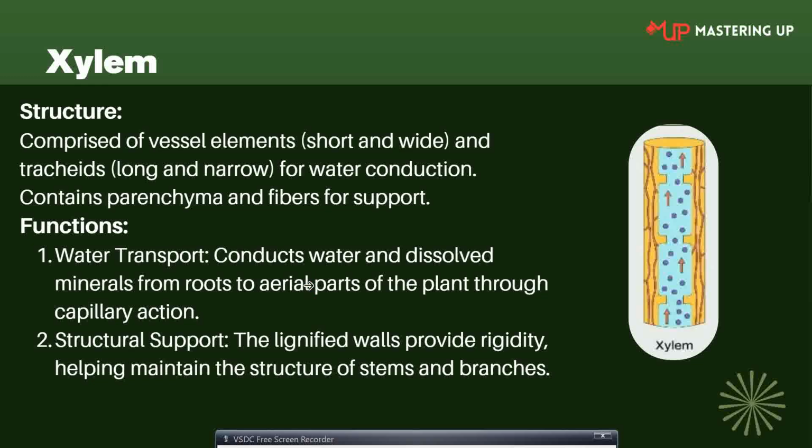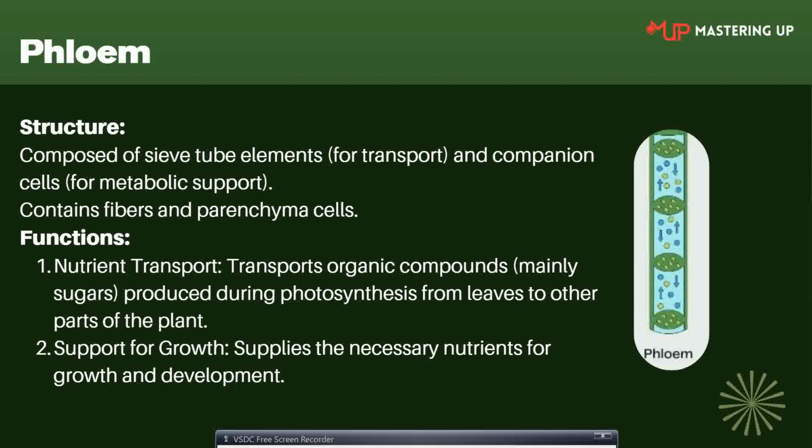Now let's come to the complex permanent tissue that includes xylem and phloem. Xylem has different elements for water conduction. They have vessel elements and tracheids, and parenchyma and fibers are present for support, and the functions include water transport and structural support. Now the phloem is composed of sieve tube elements and companion cells.